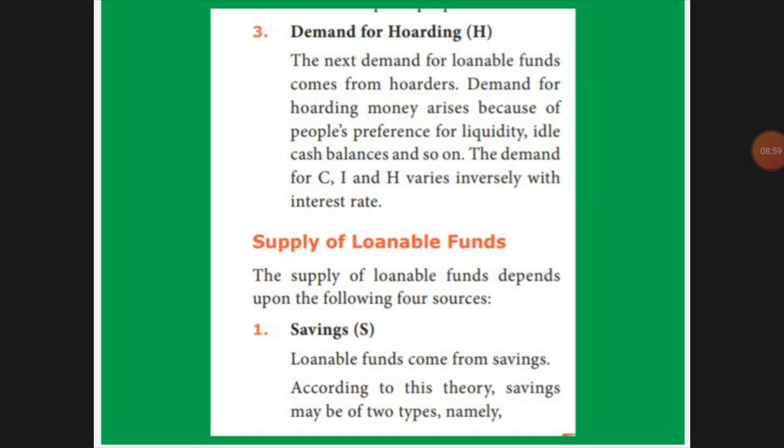If the interest rate in the bank is very low, all will keep the money in hand. Why keep it in the bank? No use, interest won't be coming, a bigger amount won't come. So people are willing to keep money in hand. That will depend upon the interest, inversely. So investment, consumption and hoarding depend on that.